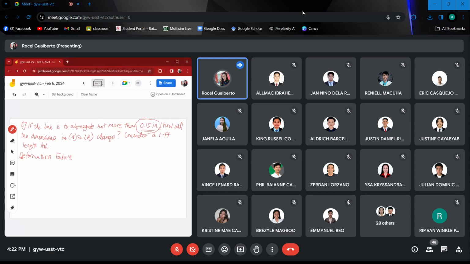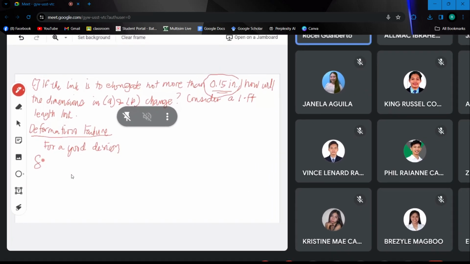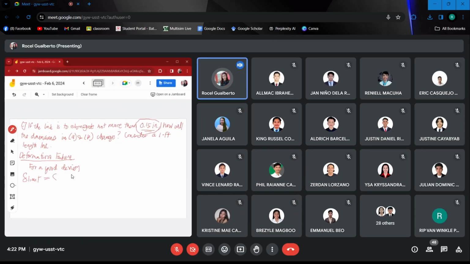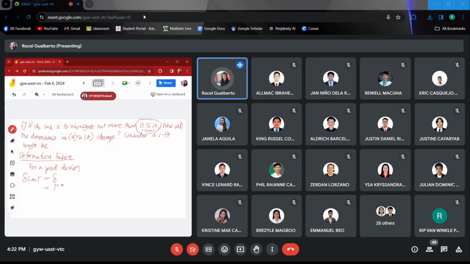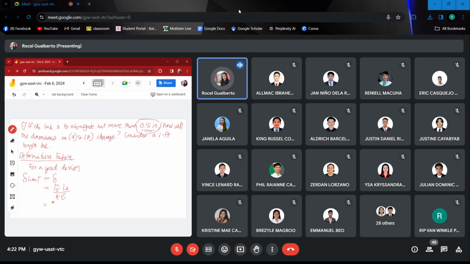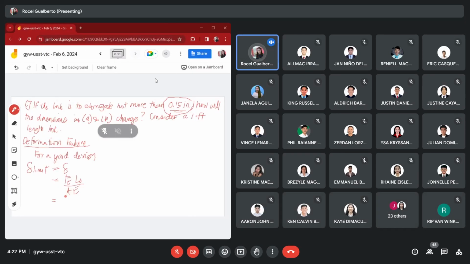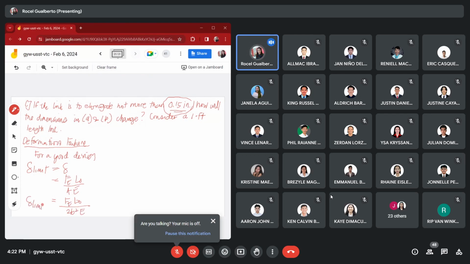For the deformation failure, we equate po our allowable limit of deformation to the actual deformation, and the actual deformation is simply FL over area times E. From our previous example po, yung A po is BH, and incorporating H is equal to 2B, we come up with 2B squared, and then you have there the value of E. Tapos, i-equate po natin sa allowable limit ng deformation.